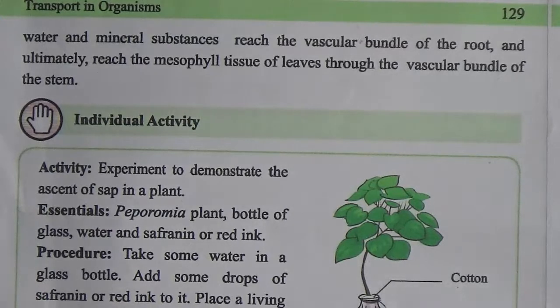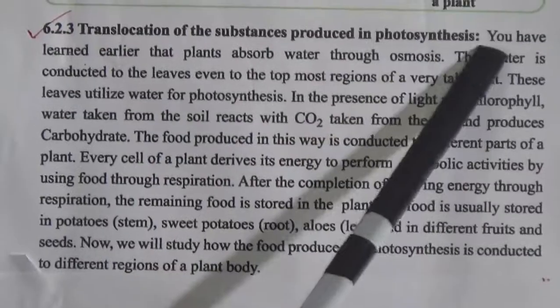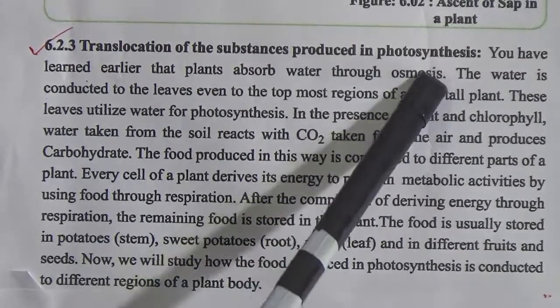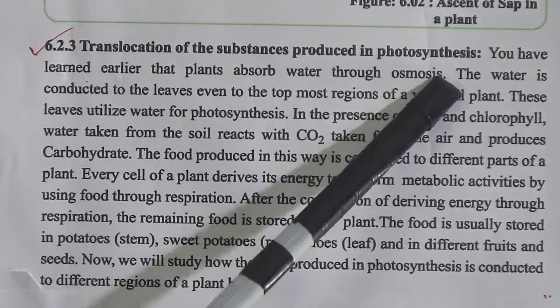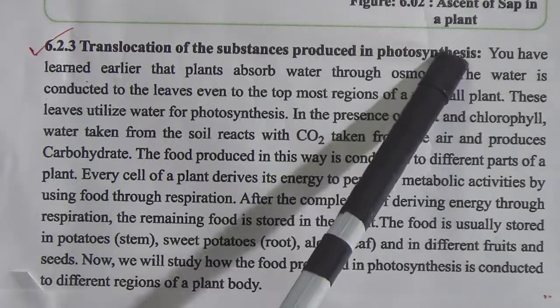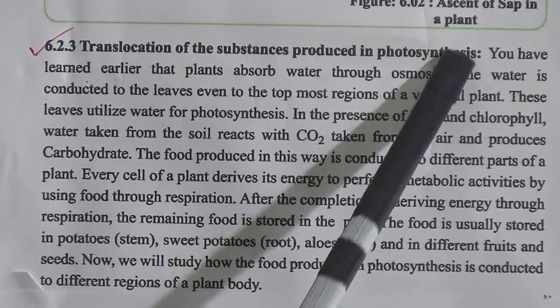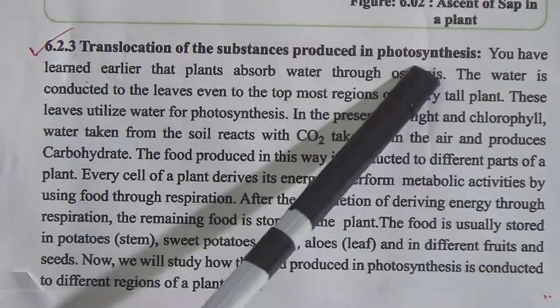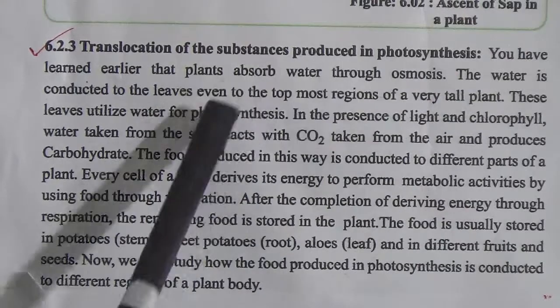Now come to the translocation of the substances produced in photosynthesis. That means through photosynthesis, what substances are produced? The food, that means glucose, produced in photosynthesis in the leaves, has to be distributed to all parts of the plant.